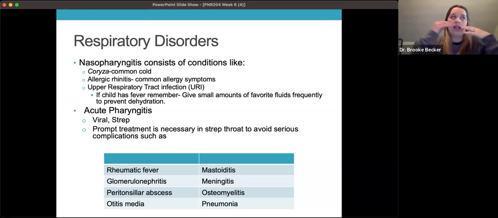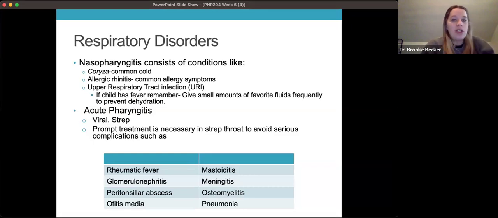So, you'll see allergies causing watery, itchy eyes, nasal congestion, runny nose, dark circles under their eyes called allergic shiners. So those are all kind of suggestive causes of allergic rhinitis.